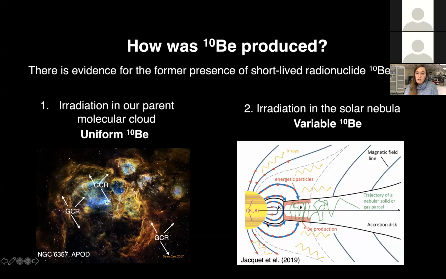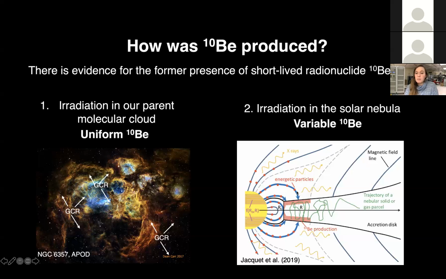Whereas beryllium-10 can also be produced by irradiation in the solar nebula. So here, the sun, right here, produces high energy particles called cosmic rays, and these can interact with oxygen in the solar nebula to also produce beryllium-10, which can get incorporated into CAIs.